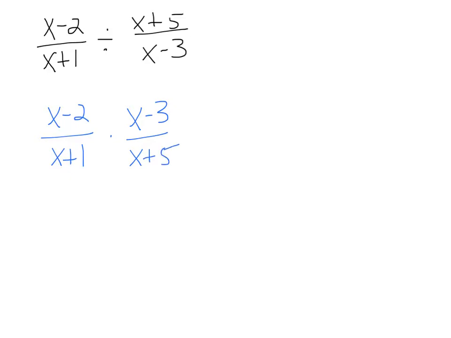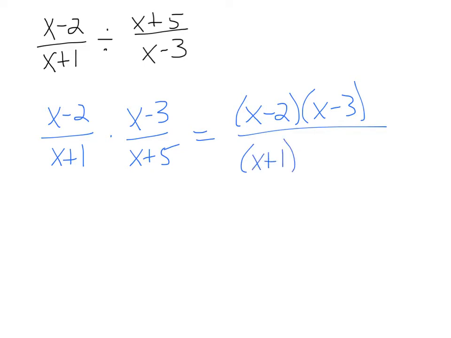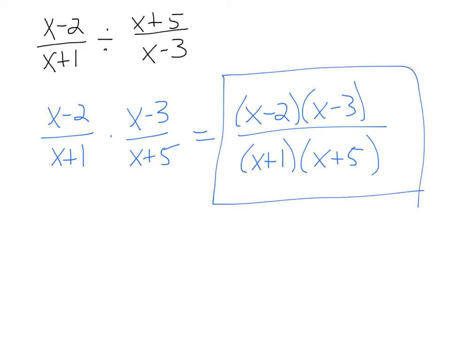Now we're going to look for things to cancel, but you will notice, since this is a multiplication, anything in the numerator could be canceled with anything in the denominator, but there are no like factors. So we're just going to combine this into one fraction. Make sure you add some parentheses around these factors because they're grouped together. And that would be our final answer.